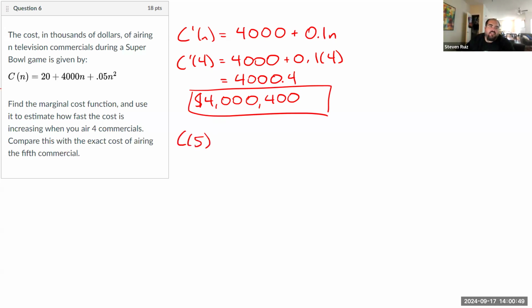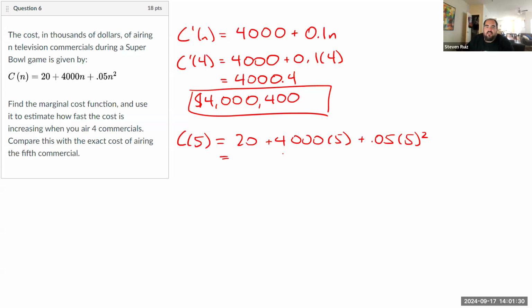So to get that, this function only gives me the total cost of airing commercials. So what's the cost of airing 5 commercials? What's the cost of airing 4 commercials? And then I will find the difference there. So if I plug in 5 to C, actually, I don't think I wrote down the individual numbers. So let's go ahead and do it now. So let's just do this one at a time. C of 5 is equal to 20 plus 4,000 times 5 plus 0.05 times 5 squared.